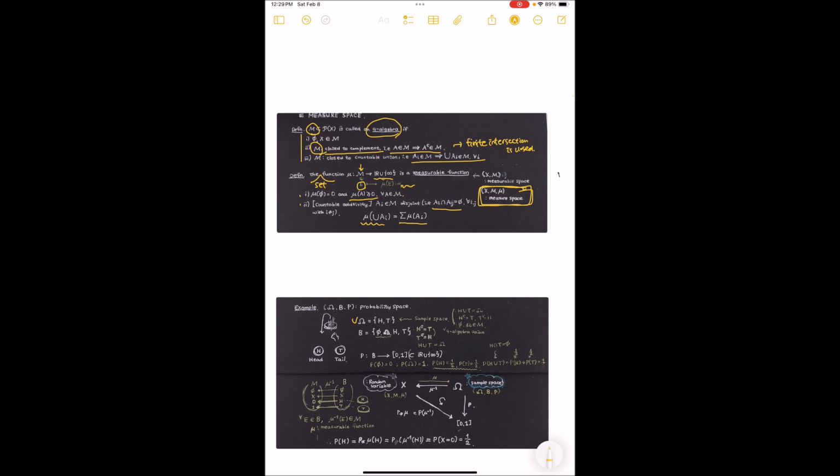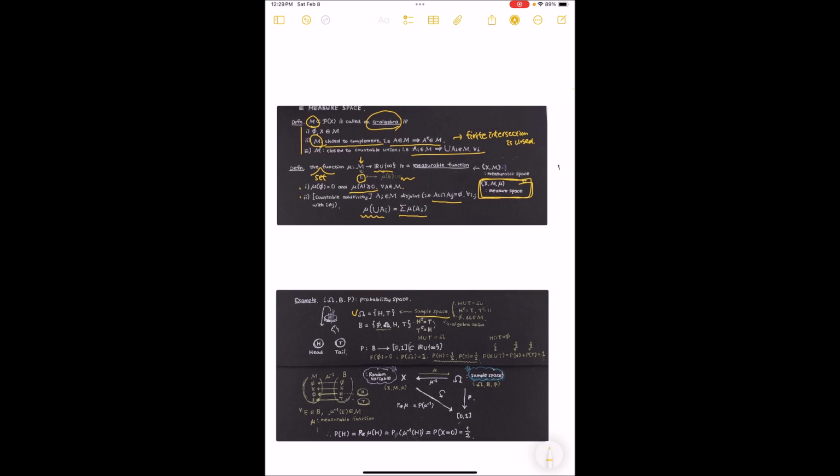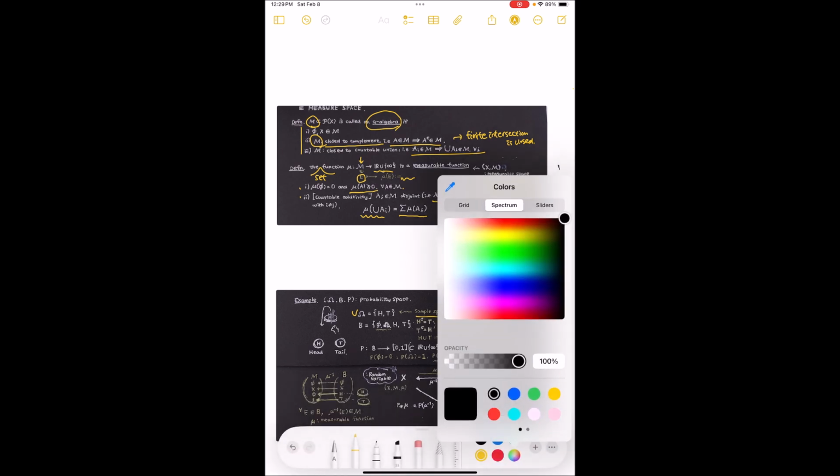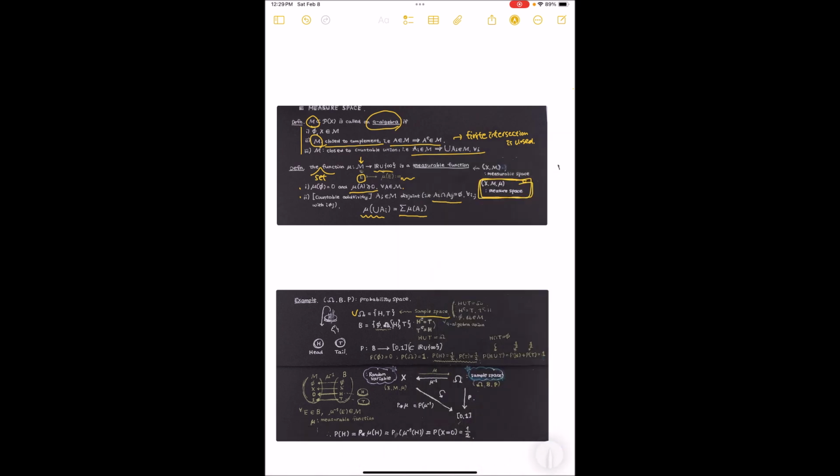For example, X above corresponds to the sample space. Based on the sample space, we can consider the power set. Consider the power set of Omega: the empty set, the whole set Omega, H and T.